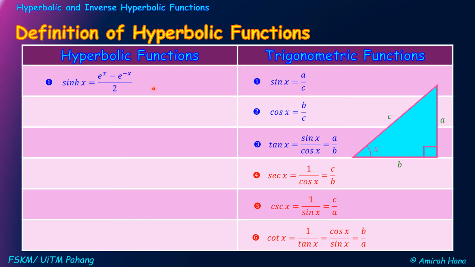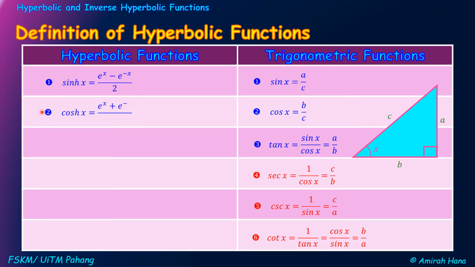Under hyperbolic function, we do not use right angle triangle, but we base on exponential function. sinh here, we read as sinch x or hyperbolic sine. So number 1, sinh x equals e to the power of x minus e to the power of negative x over 2.